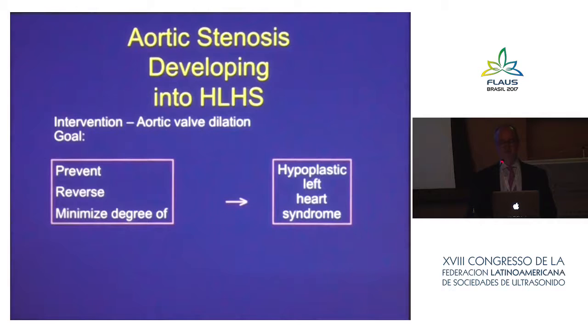So what can we do about this? At Brigham and Women's Hospital and Children's Hospital in Boston, we've really tried to either prevent, reverse, or minimize the degree of left ventricular failure that goes into hypoplastic left heart syndrome. So if we catch some of these critical aortic stenosis cases early, there might be something that we can do.